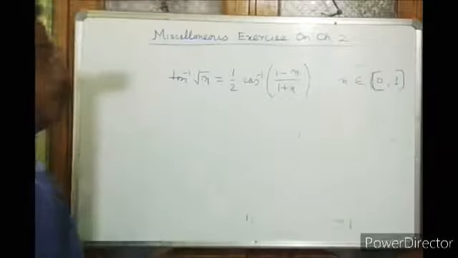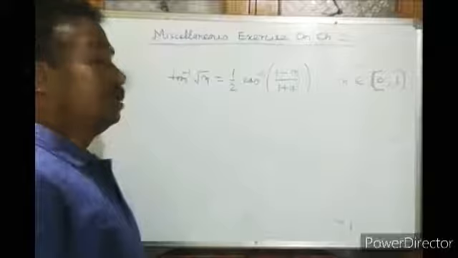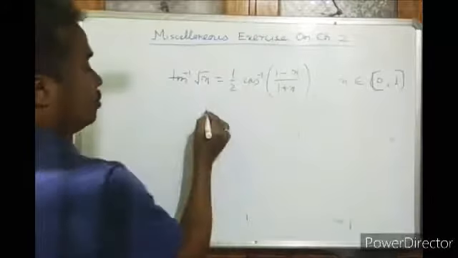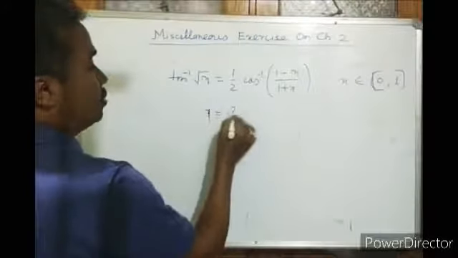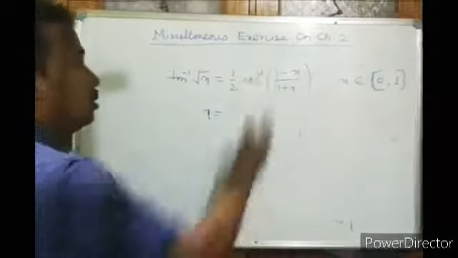Here the main thing is to substitute in cos inverse (1 minus x by 1 plus x). We have to substitute x equal to what, so that it becomes cos of some angle.